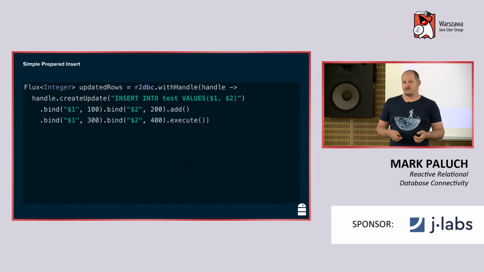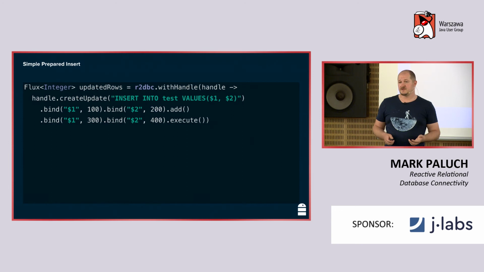We can bind values to that statement and then just execute it. And by executing an update statement, we typically do not have tabular data, but rather what we have is that update rows count, so how many rows were updated. And this is exactly what the execute method is returning us. So therefore, we end up with a flux of updated rows.